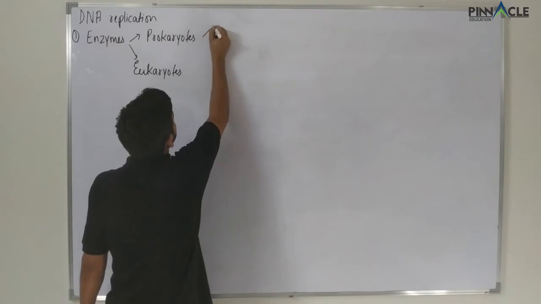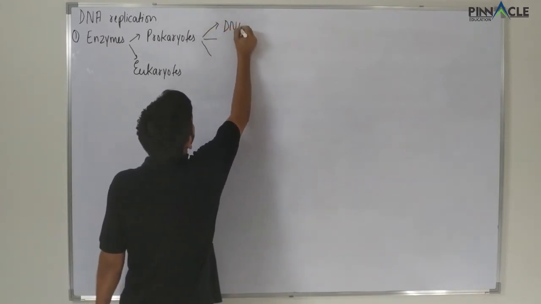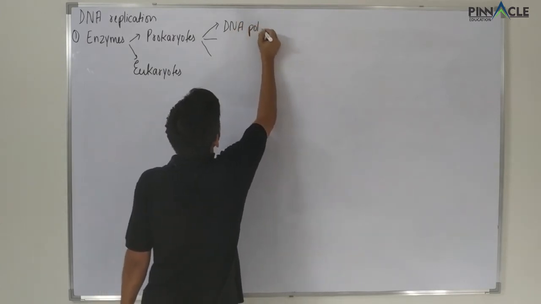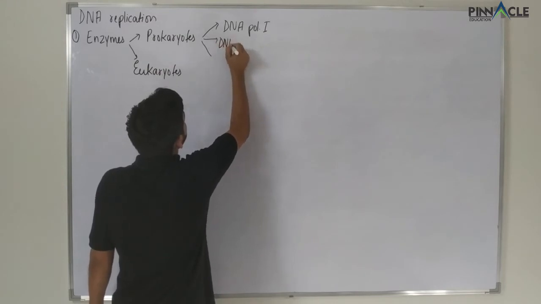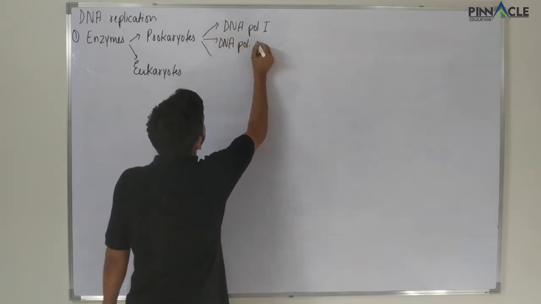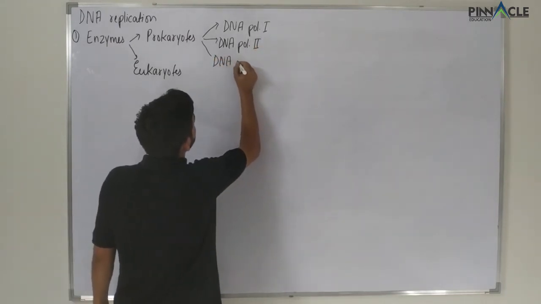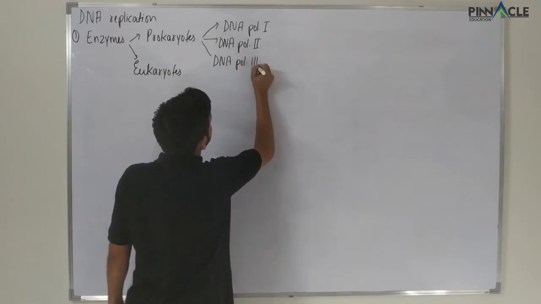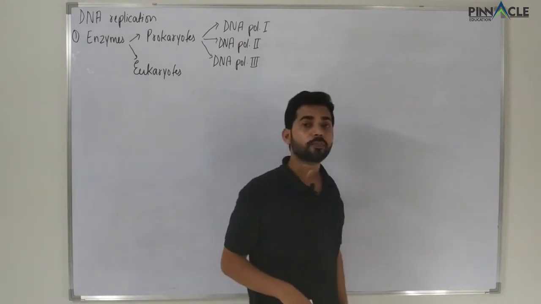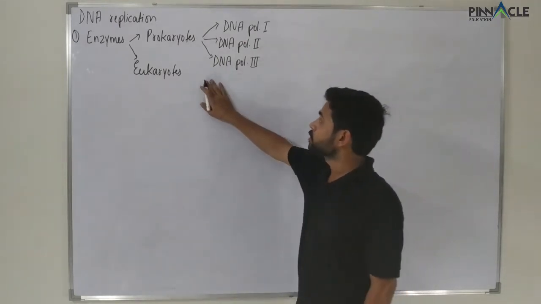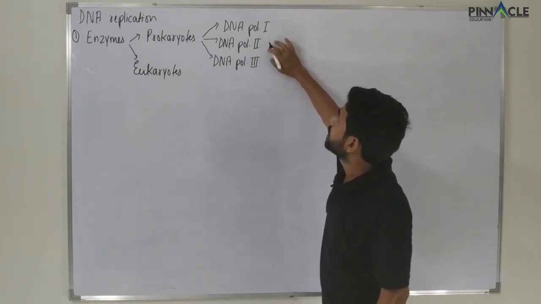So in prokaryotes there are at least 3 different DNA polymerases. So these are the 3 DNA polymerases of prokaryotes. In eukaryotes there are also different enzymes, but before that we have to study about these 2. So these 2 are the repair enzymes.